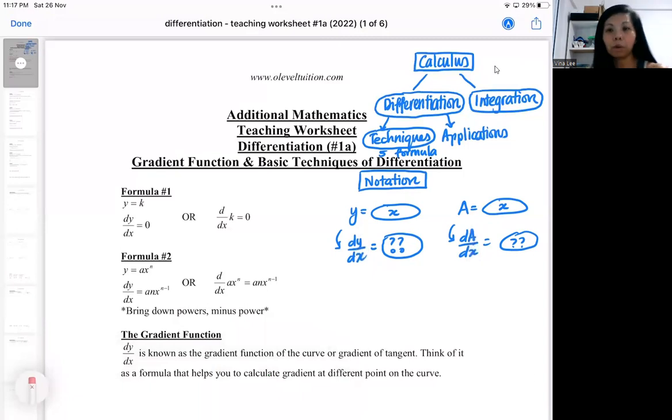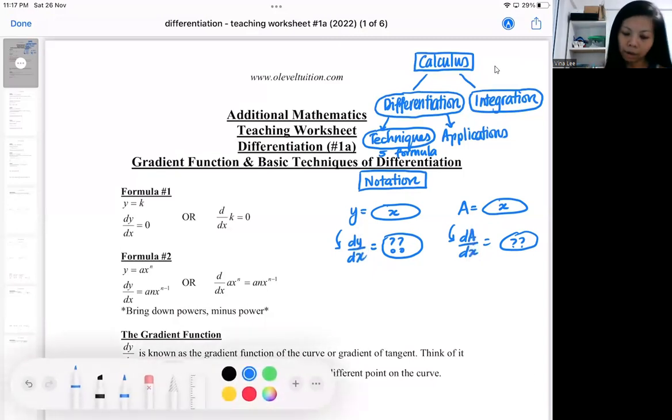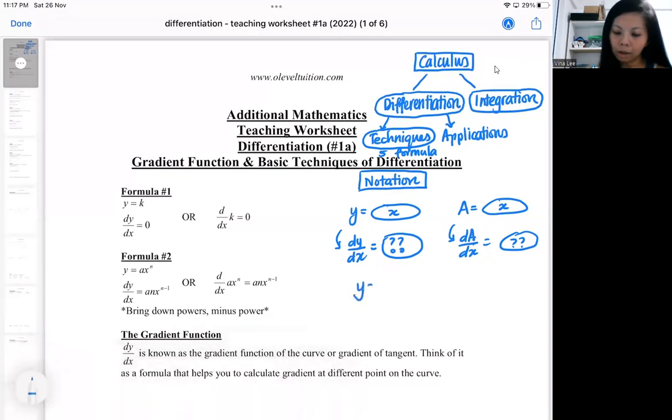I will give you 2 more examples. For example, maybe I have y in terms of r, like y equal to pi r squared. So y is a function of r.